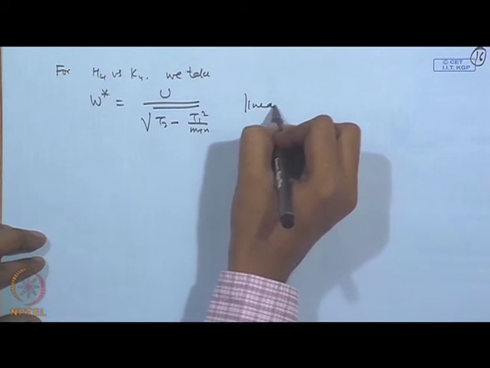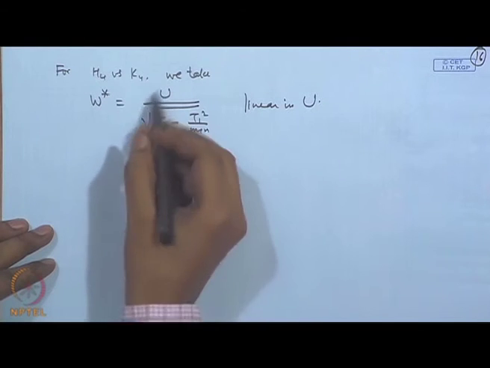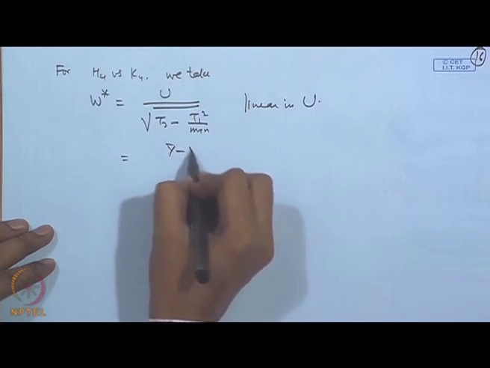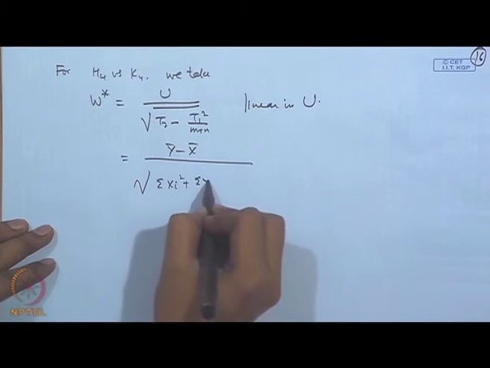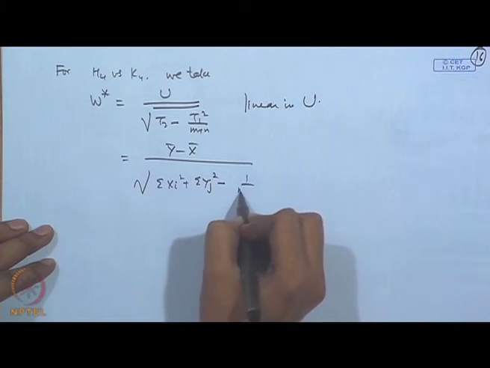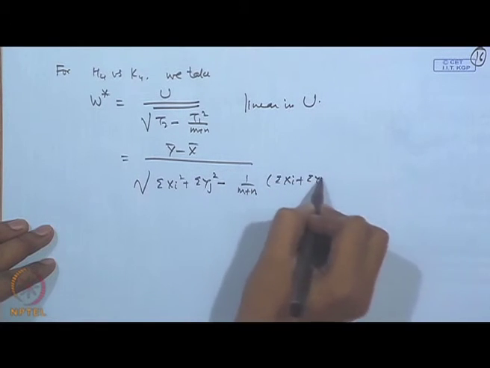This is linear in U, and this function is actually y bar minus x bar divided by square root of sigma x_i square plus sigma y_j square minus 1 by (m plus n) times (sigma x_i plus sigma y_j) whole square.